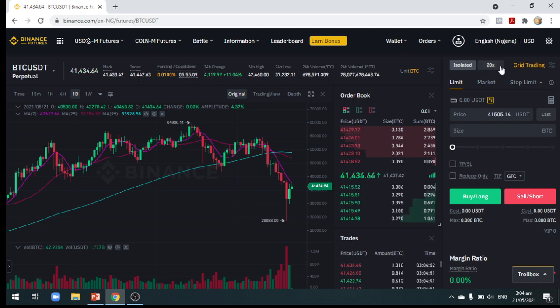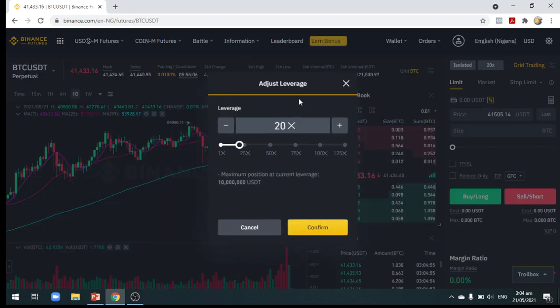Then we'll talk about leverage. Now, I said that leverage is available in futures trading. What leverage does is that it allows you to spend more money than you have. Okay, so with leverage, let's say you have just 10 USDT, you can use leverage so that you're able to spend more than you have. So if you're using 20x leverage, then basically you're saying that if you have 10 USDT, you're allowed to spend 20 times the amount of USDT that you have.